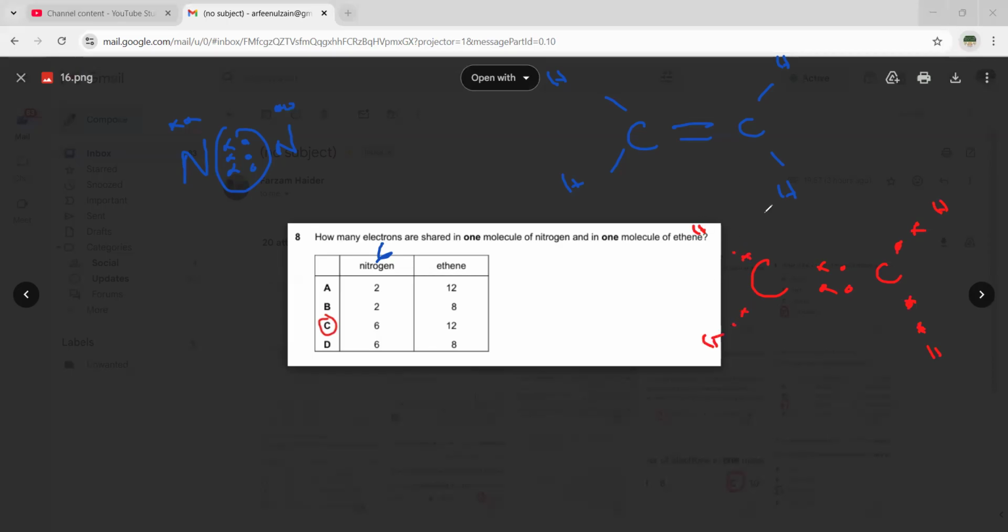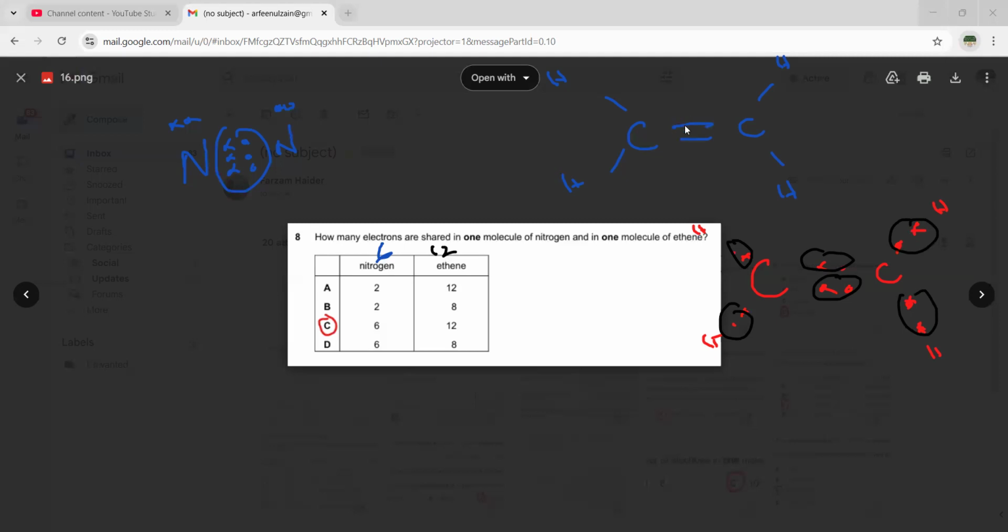I can draw this structure and identify the number of electrons, because one line represents 2 electrons. Here: 1, 2, 3, 4, 5, 6, 7, 8, 9, 10, 11, 12. So there are 12 electrons shared in ethene.